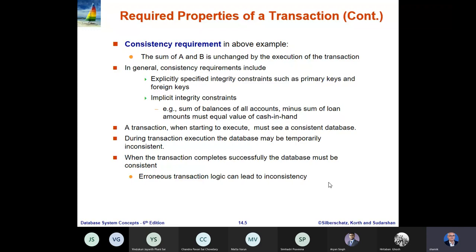For example, say you know about these foreign keys and referential integrity and all. What does it mean? It means that suppose in the student table, I want to insert a row where I will put roll number, name, and a department code, but for the department code I put some XY and there is no department with the code XY, so that is going to make the database inconsistent. So even if the programmers write it, how does the database ensure that it is still consistent and no inconsistent data is allowed?